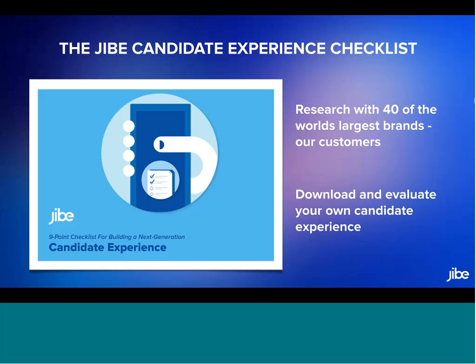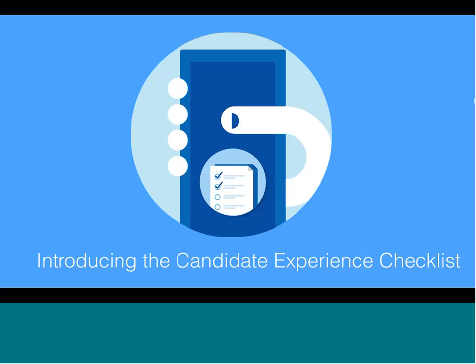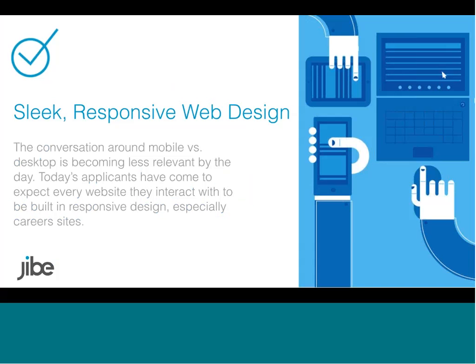A little bit later on in the presentation, I will share the URL where everybody can go and get this today. But this basically is a summary view of all of the research and all of the work and all of the best practices that Jibe has been accumulating and focused on for the last few years as a company.